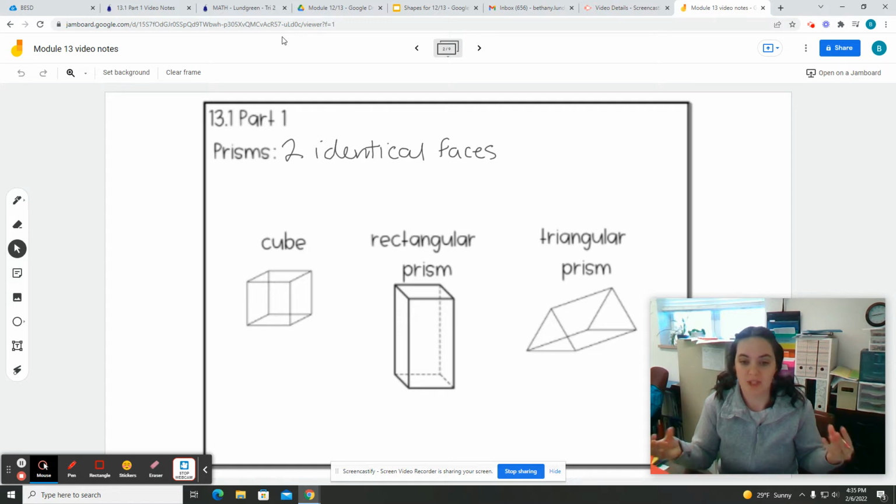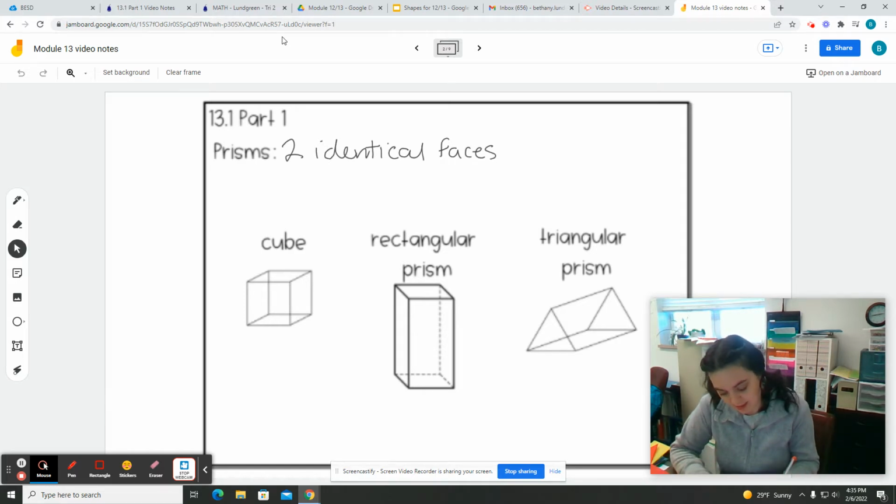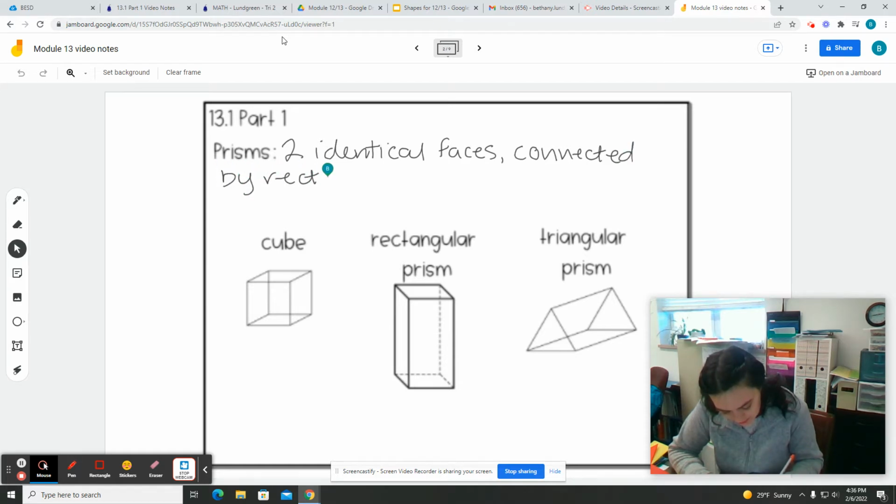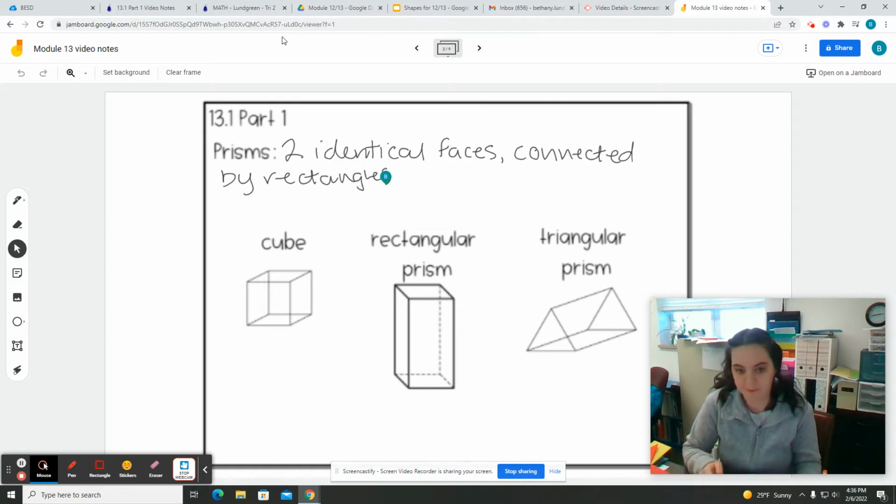They can be a triangle, it can be a square, it can basically be any shape. 2 identical faces that are opposite of each other. And then those 2 faces are connected by rectangles. Okay? They are connected by rectangles.